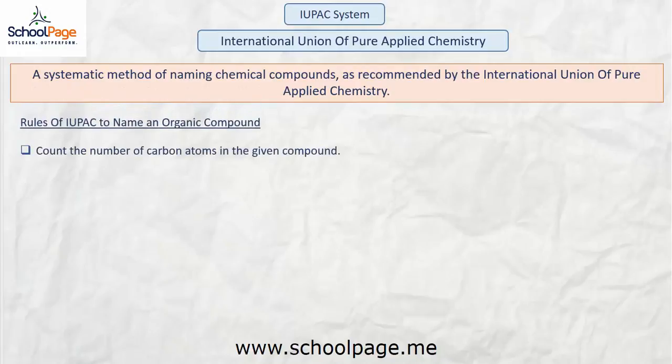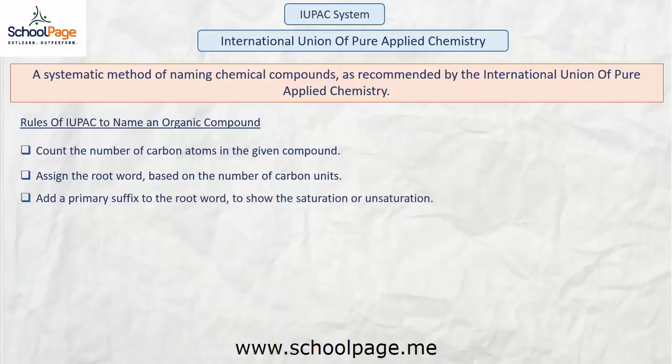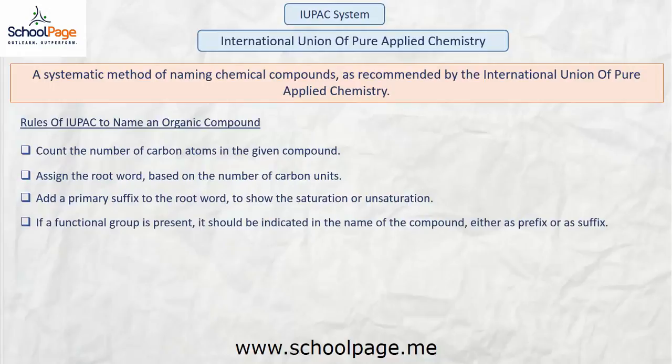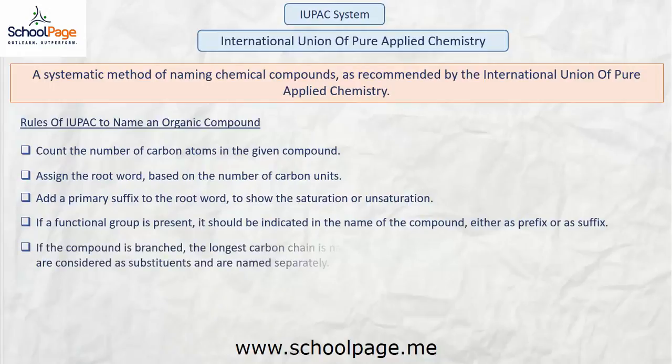The first rule tells that count the number of carbon atoms in the given compound and then assign the root word based on the number of carbon units. Then add a primary suffix to the root word, and if there is a functional group, then it should be indicated in the name of the compound.